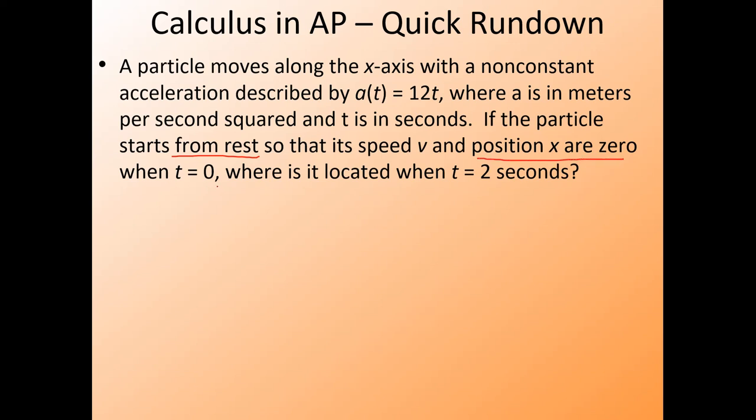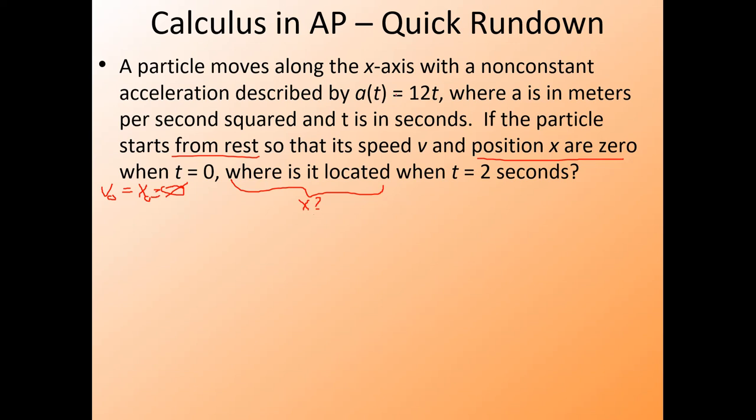So they're telling us that the initial velocity and the initial position are both 0. That's going to make our lives a little bit easier. And we want to know where it is located at t equals 2 seconds. So I'm looking for the x at t equals 2.